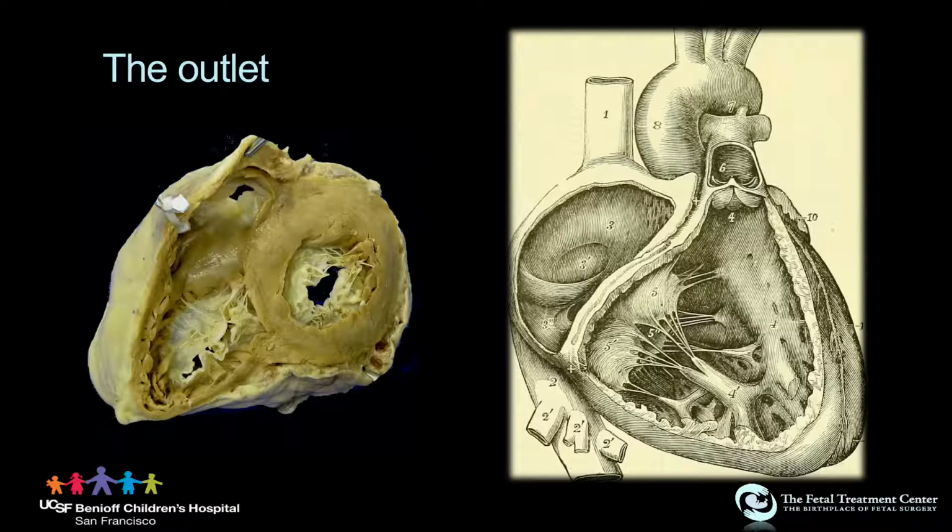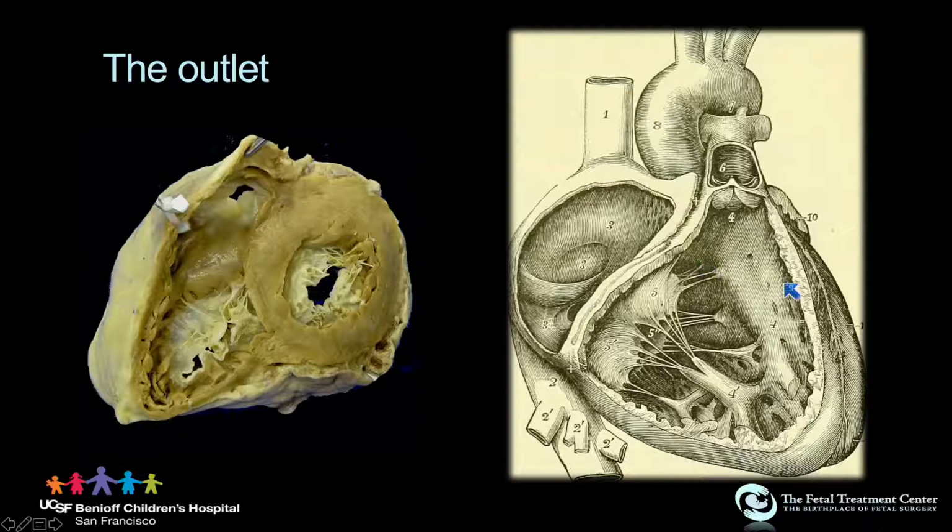So those are some of the inlet lesions. I want to move on now to the outlet, which is a fascinating structure as shown here, very smooth. There is a septomarginal trabeculation, or a muscular band that is continuous with the moderator band that we've already talked about.